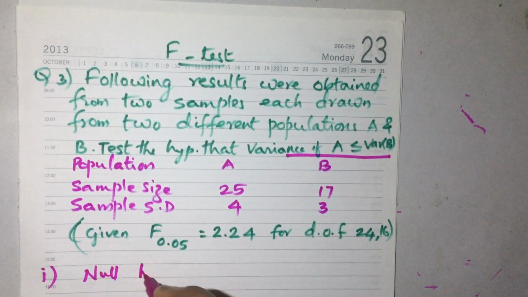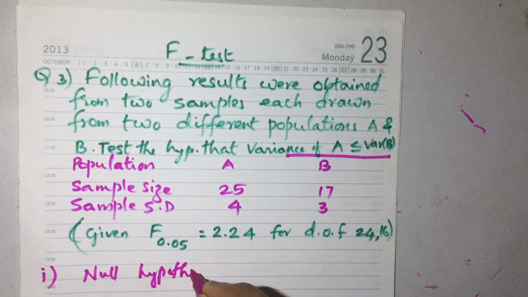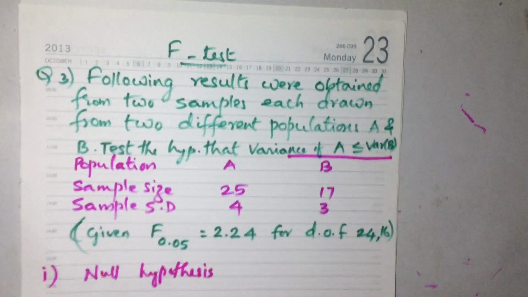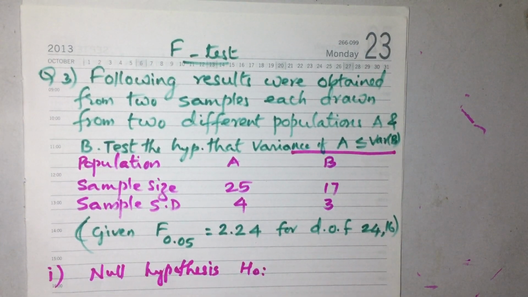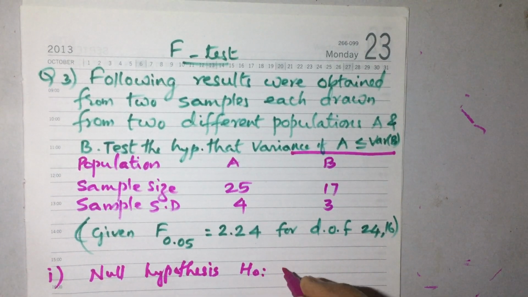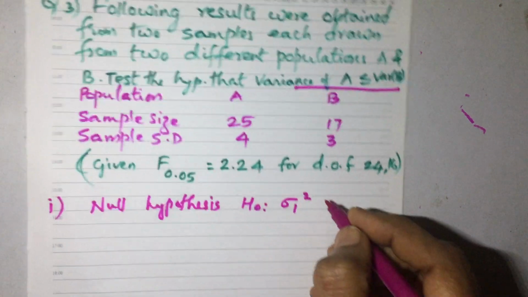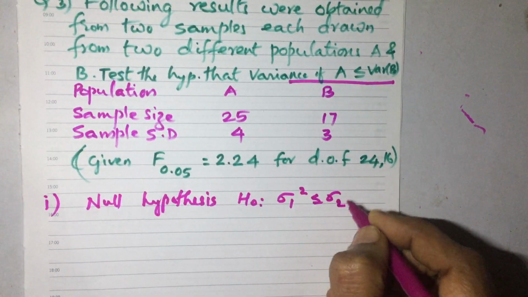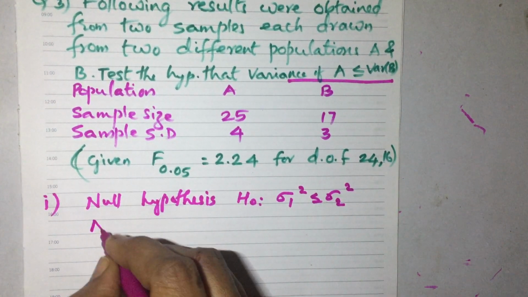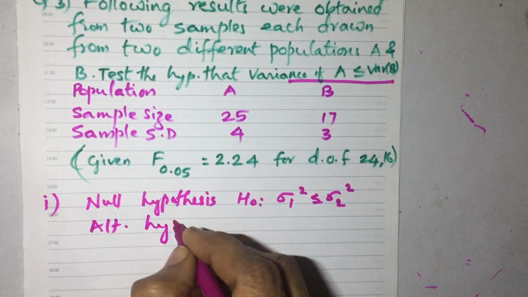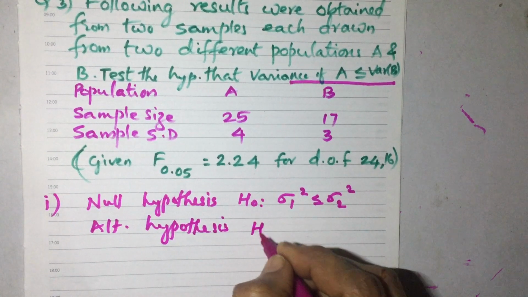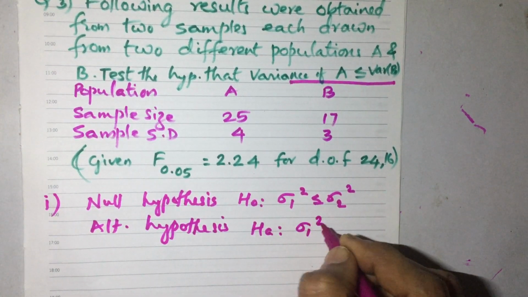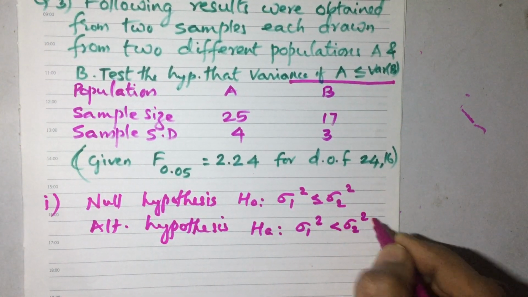So here the null hypothesis is H0: variance of A is less than or equal to variance of B. That means I have to check sigma 1 square is less than or equal to sigma 2 square. So alternate hypothesis will be HA: sigma 1 square is less than sigma 2 square.